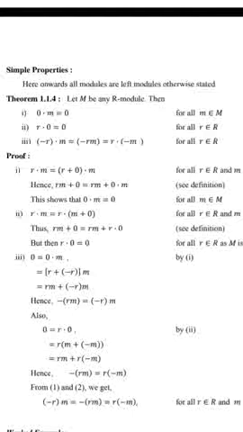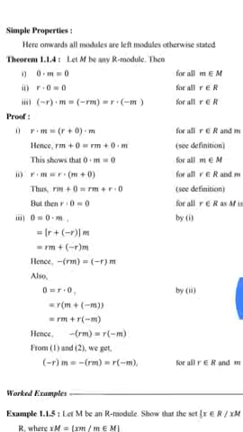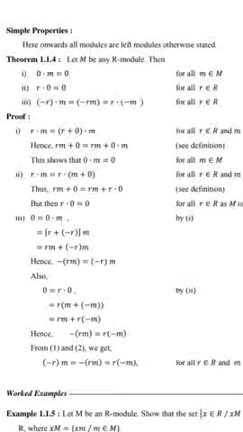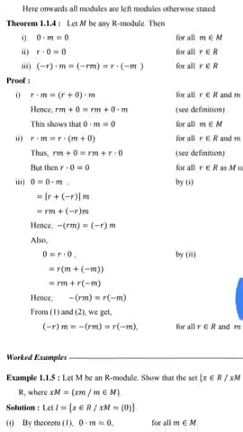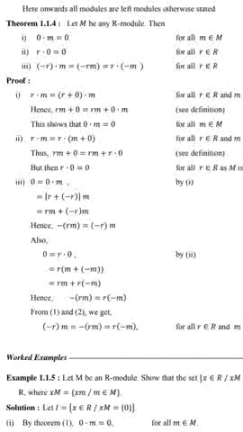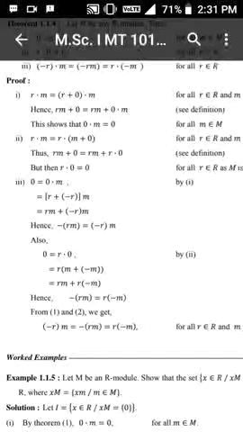Because rm = r(m + 0) = rm + r0, as stated in the definitions. But then r0 = 0. Now 0 = 0·m = (r + (-r))m = rm + (-r)m. Hence, (-r)m = -(rm).